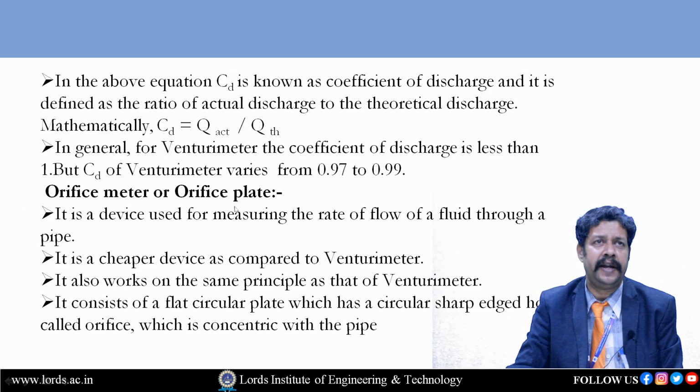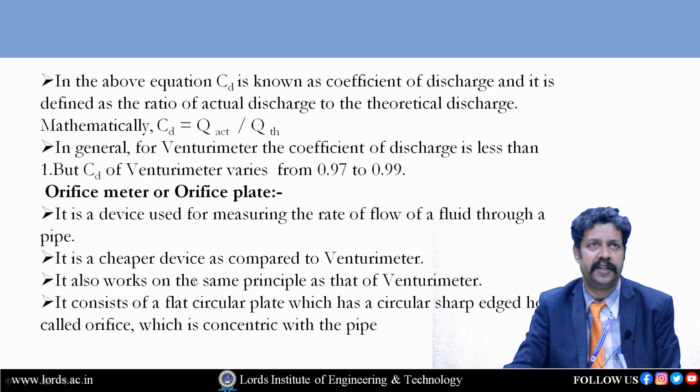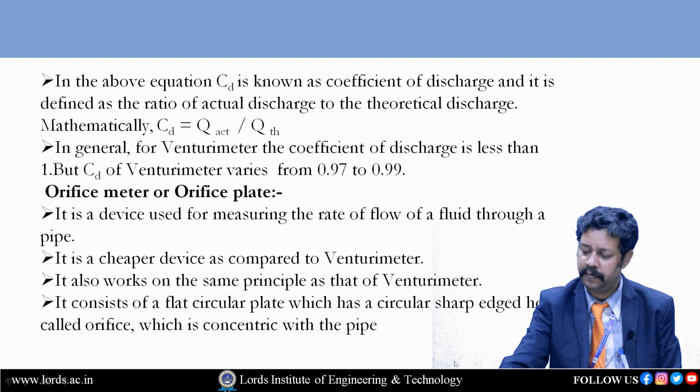Next instrument is orifice meter or orifice plate. It is also a device which is used to measure rate of flow, that is discharge. It is a cheaper device when compared to Venturi meter. It is also working on the same principle as Venturi meter, that is Bernoulli's equation. It consists of a flat circular plate which has a sharp circular edge or hole which is known as orifice.